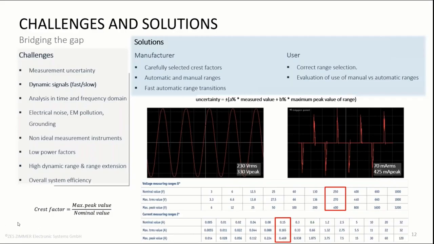So as we see, this is a compromise between continuity and accuracy, and it lies solely on the user of the power analyzer to consider the advantages and disadvantages of manual versus automatic ranges and proceed according to their priorities.